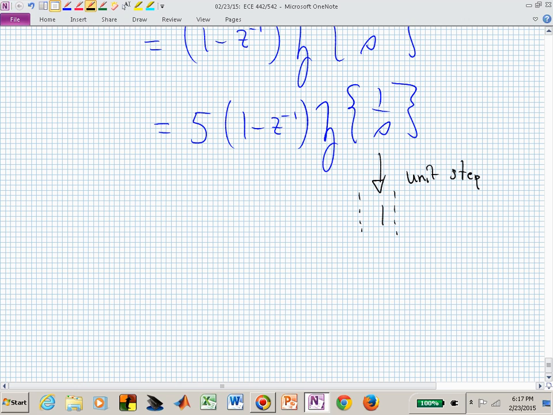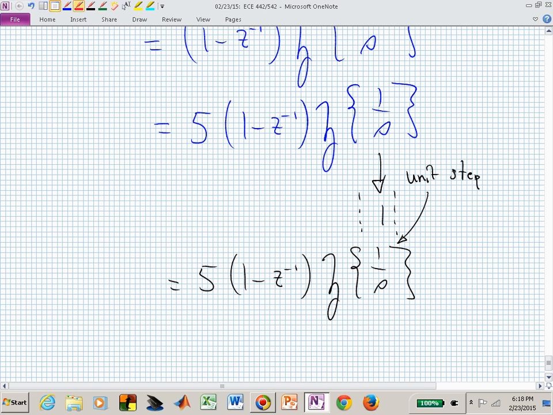So we will now say this is going to be 5 times 1 minus Z to the minus 1 Z transform of this 1 over S, which is this unit step. I'm actually giving you another Z transform table under the heading of exam 2 material that has multiple columns.